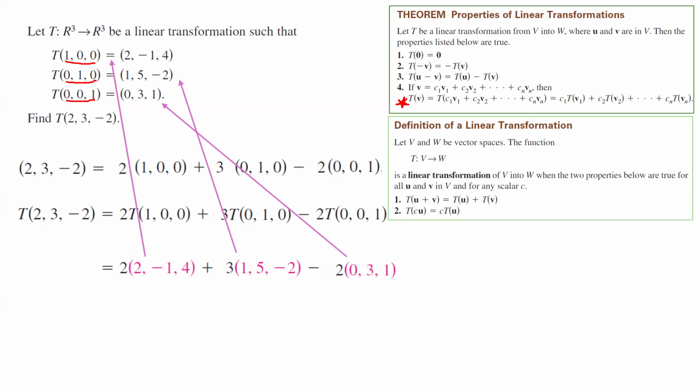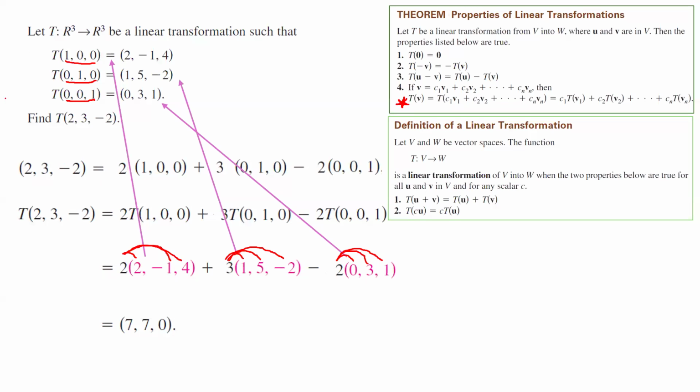Well, the rest is easy for you. You just distribute 2 into the parentheses. You distribute 3 into the parentheses. And basically add the vectors, with -2 distributed into the parentheses. And then add the first components, add the second components, add the third components, which becomes (7, 7, 0).